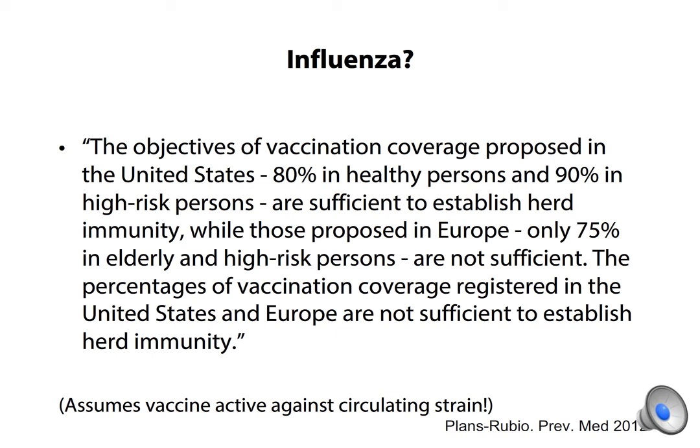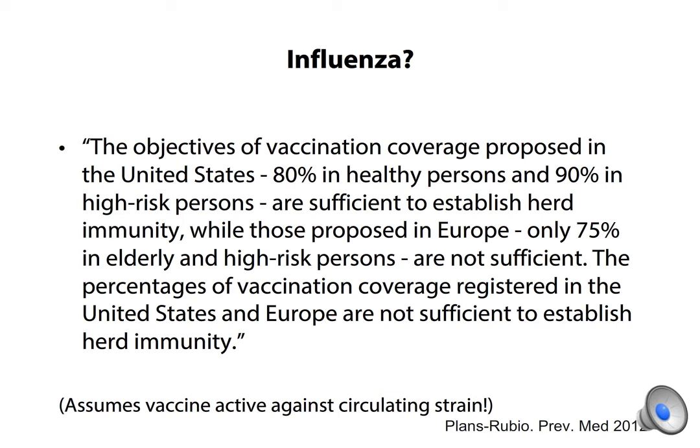So this is the conclusion that Plans-Rubio had, and so he says the objectives of vaccination coverage proposed in the United States, 80% in healthy persons and 90% in high-risk persons, are sufficient to establish herd immunity, while those proposed in Europe, only 75% in elderly and high-risk persons, are not sufficient.